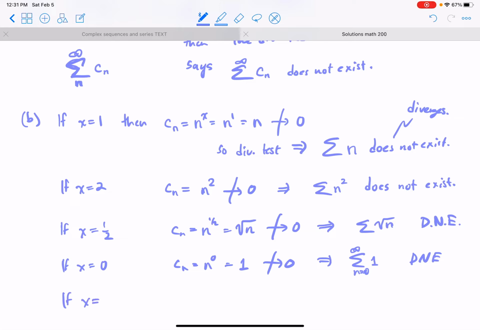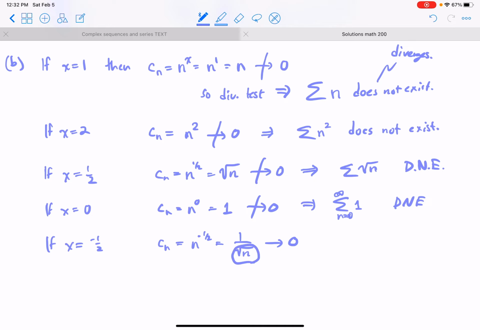If, however, x equals negative 1/2, then c sub n equals n to the negative 1/2, which is another way of saying 1 divided by the square root of n. And that actually goes to 0. As n gets bigger and bigger, 1 divided by a bigger number gets smaller, and the whole thing goes to 0, which implies that the divergence test does not know.